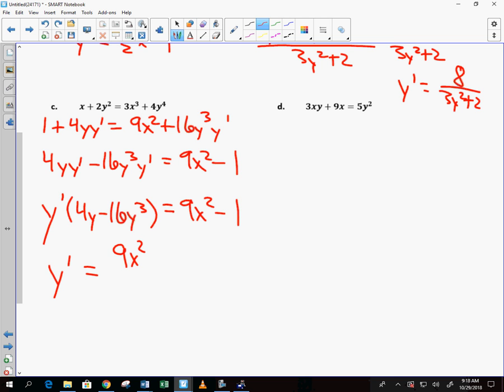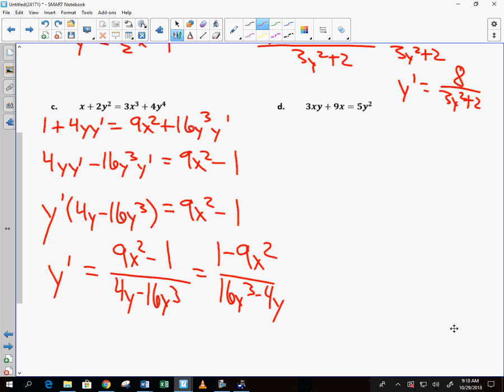We get 9x squared minus 1 over 4y minus 16y cubed. Are those the same? No, they're not. I'm kidding. Yeah, they're the same.